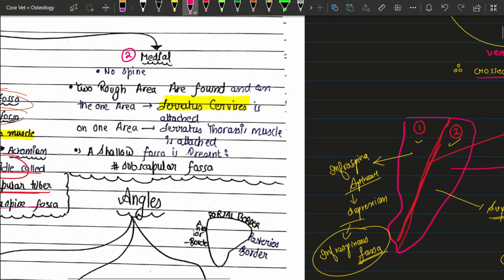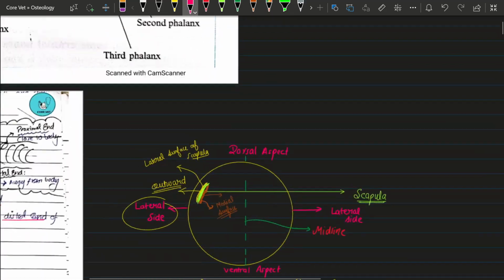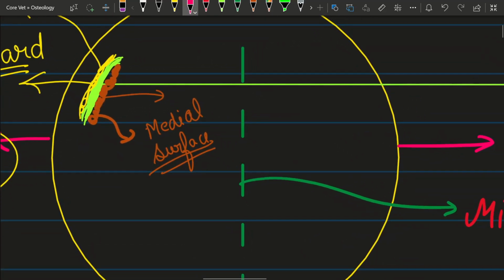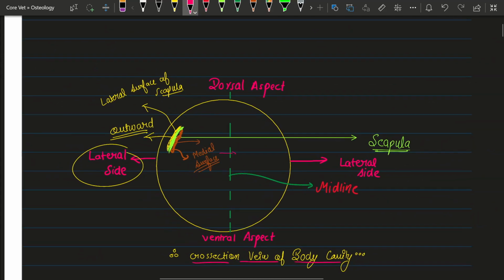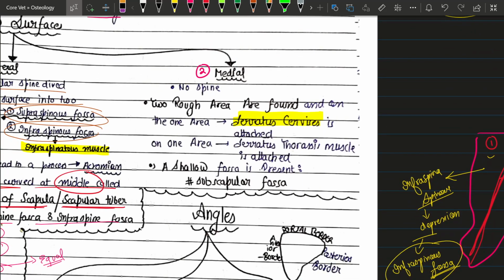Now coming on to the medial surface. Which was the medial surface? The surface which is facing towards the midline, right? Talking about the medial surface, there is no spine on the medial surface, and this surface bears two rough areas.